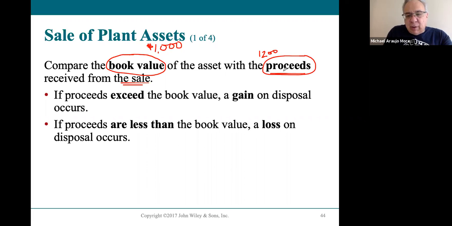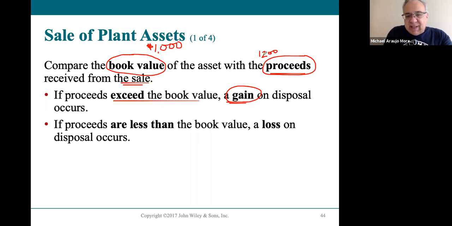So when the proceeds are greater than the book value, they have to recognize a gain on the disposal of an asset. Gains go on the income statement. You probably remember the multi-step income statement where there's that other section, the other revenue and gains, and other expenses and losses. That's where this would go. That $200 difference would show up as a gain.